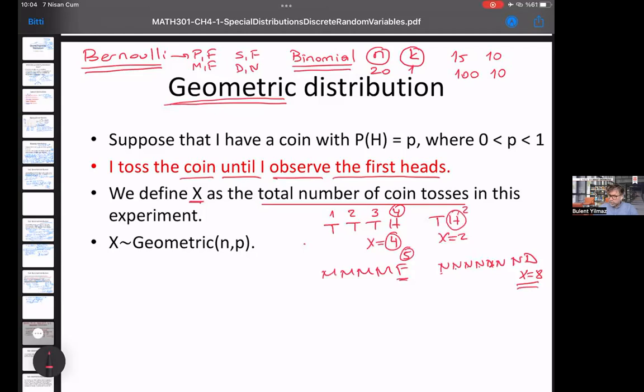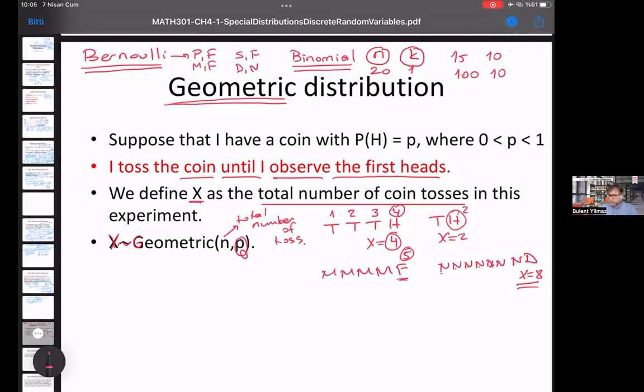That's why we say X is distributed according to geometric distribution, and is the total number of tosses. And then p will be the probability of obtaining heads, probability of obtaining female, probability of obtaining a diseased person. So this p is something like that.